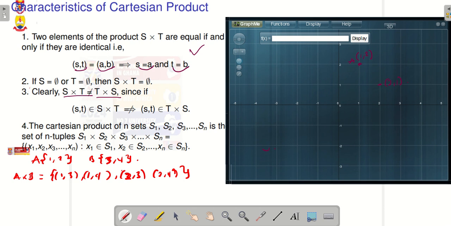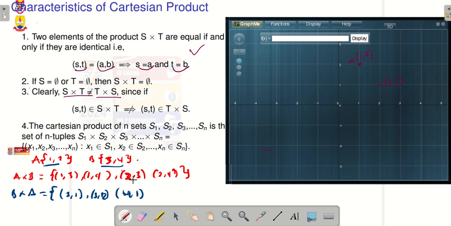Let us find B cross A. To find B cross A, remember we are using ordered pairs. So our first set becomes B, then the second becomes A. So we can have a combination like 3, 1. We can have a combination 3, 2. We can have a combination 4, 1.